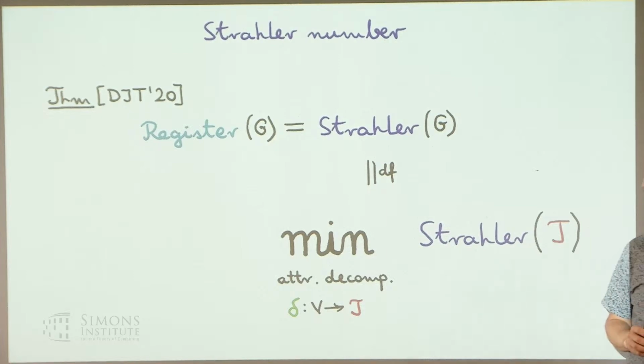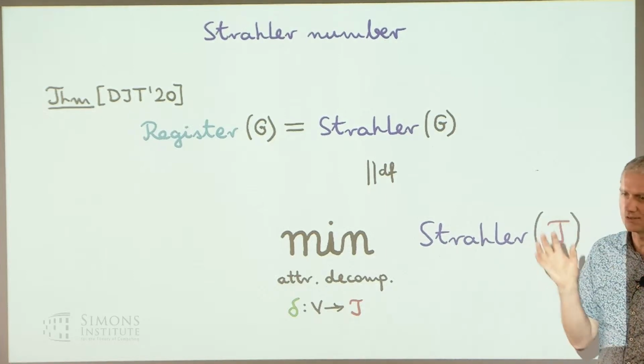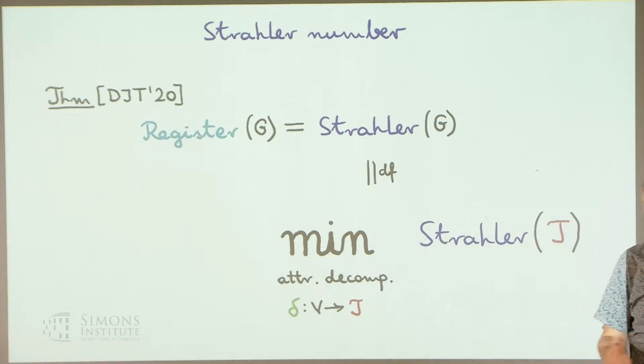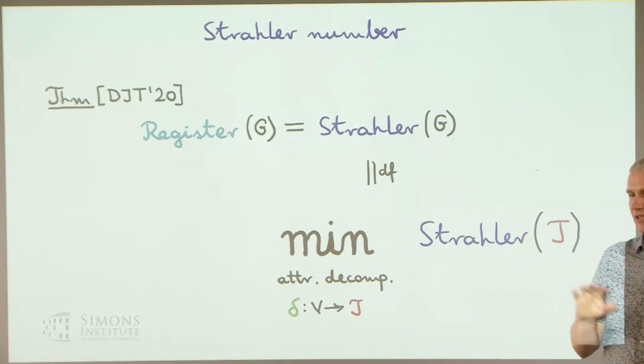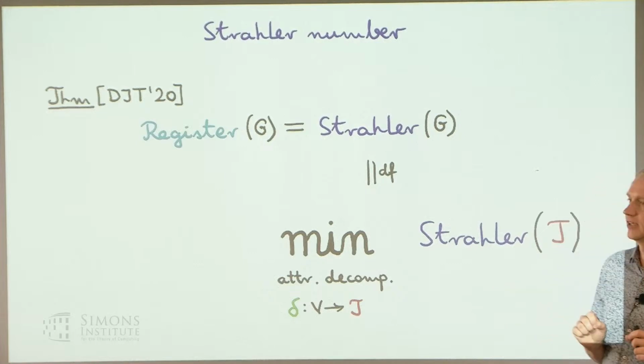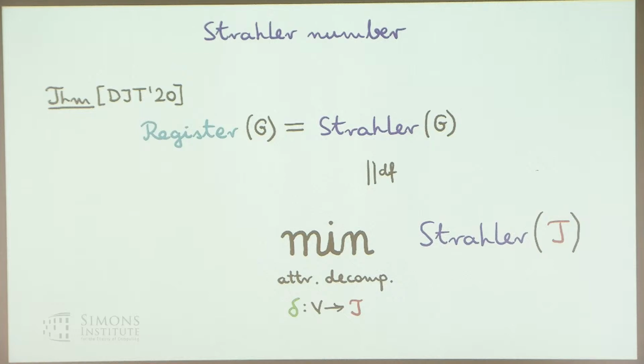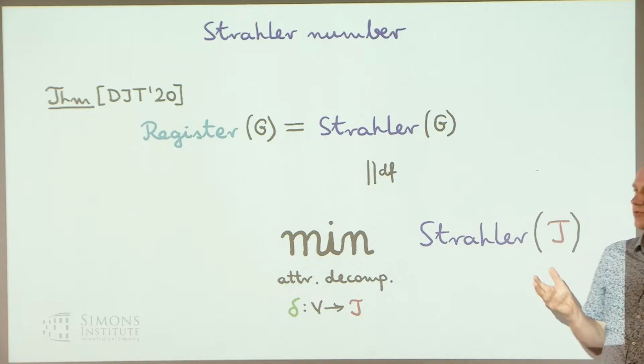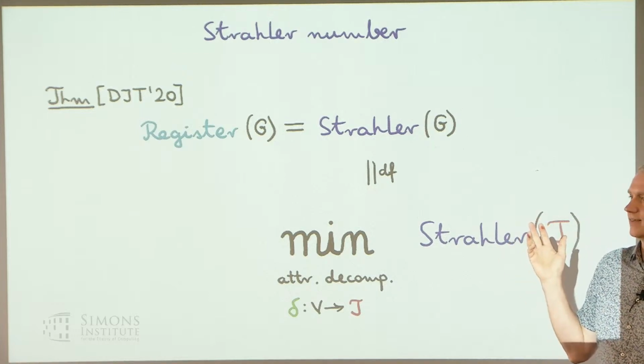A guy called Horton came up with a very muddled idea of how to measure the complexity of a river network, a river together with all of its tributaries. That was just incoherent. But then Strahler, another hydrogeologist, formalized it rigorously enough. And then this number was rediscovered in computer science dozens of times.